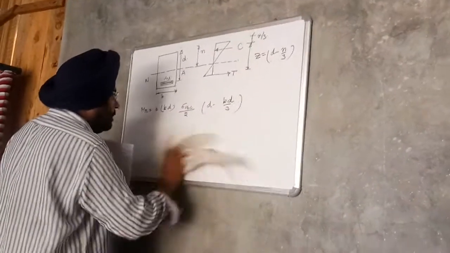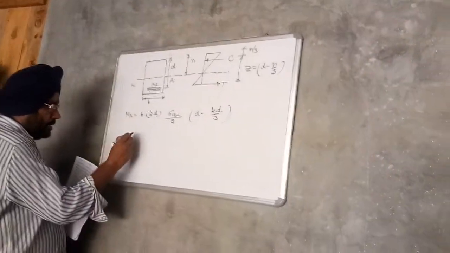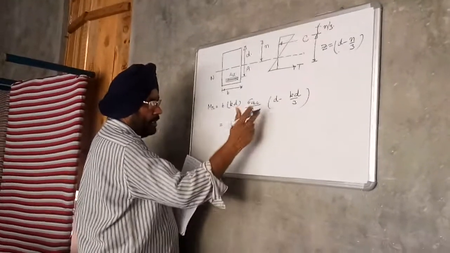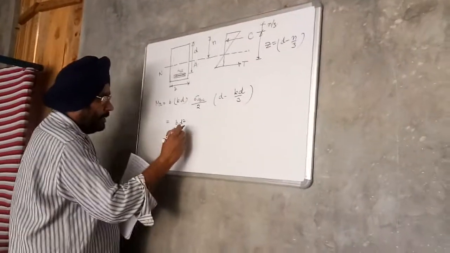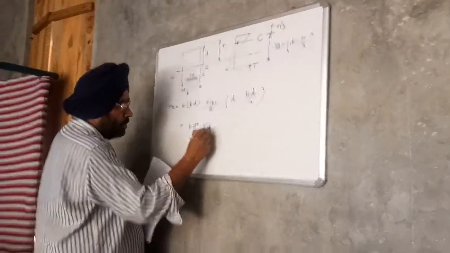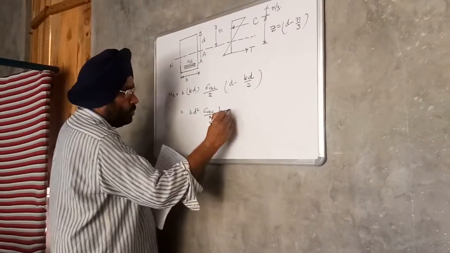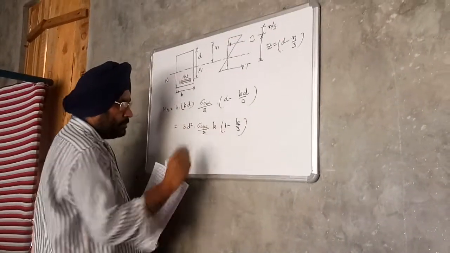So the moment of resistance is equal to b d square, taking d common from this bracket, into sigma cbc by 2 into k into 1 minus k by 3.